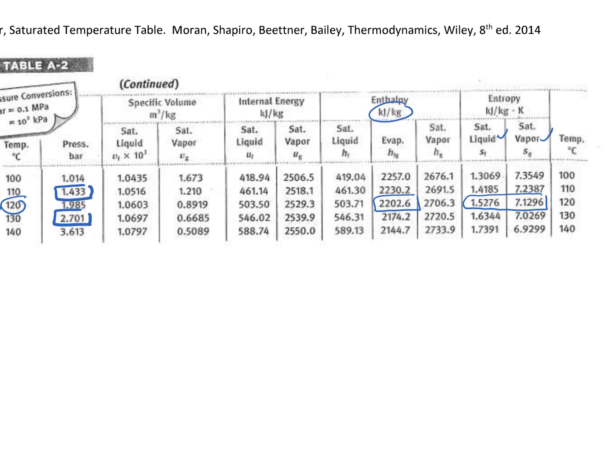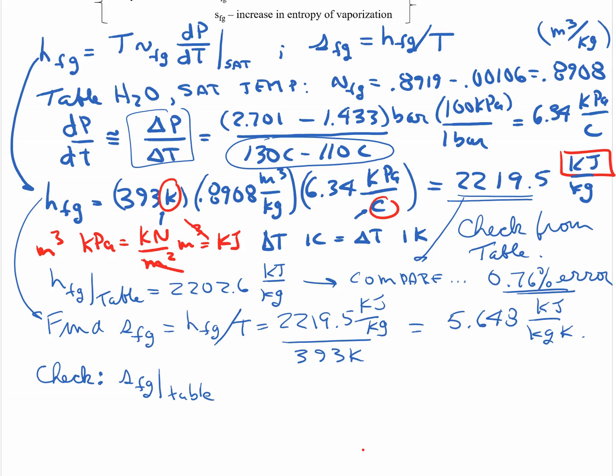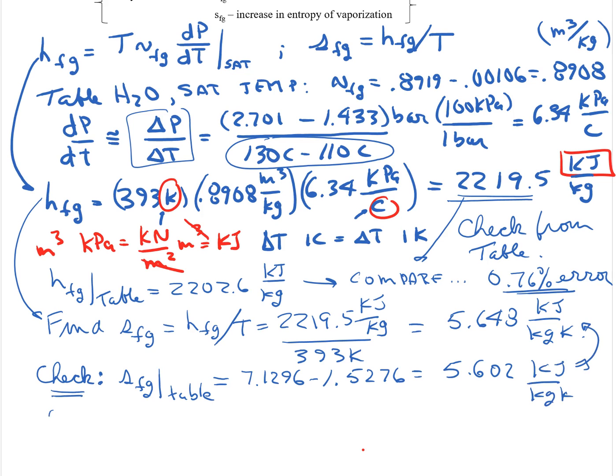So I'm going to take these two numbers, 7.1296 minus 1.5276, and I get 5.602 kilojoules per kilogram per Kelvin. I'm going to compare these, and the error is about 0.8%.